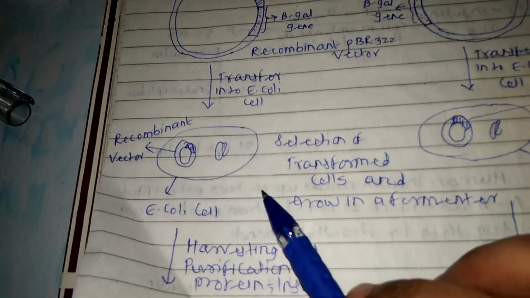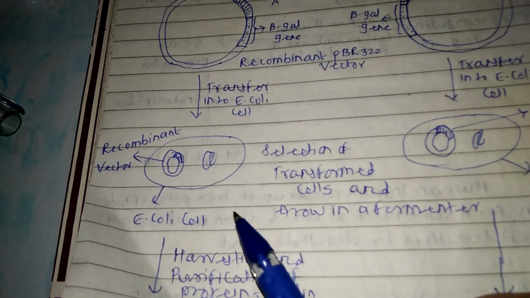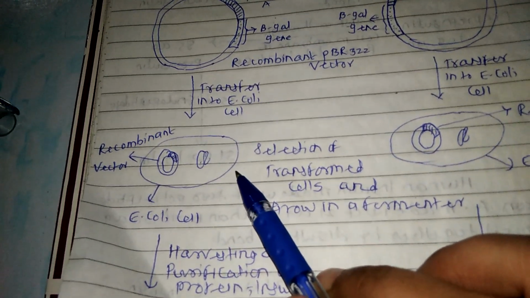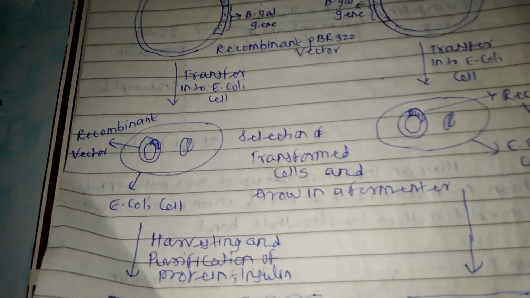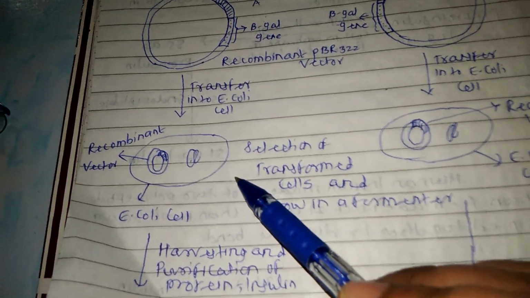Now again you know the transformation process; in unit 3 we studied the transformation process, how this recombinant vector is transferred into the bacterial cell.